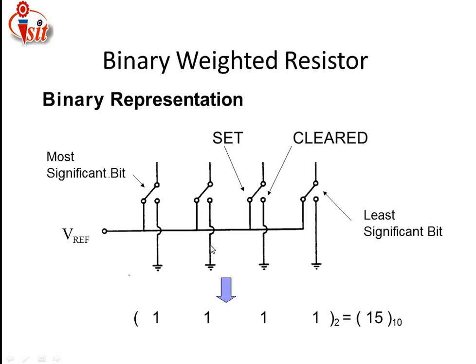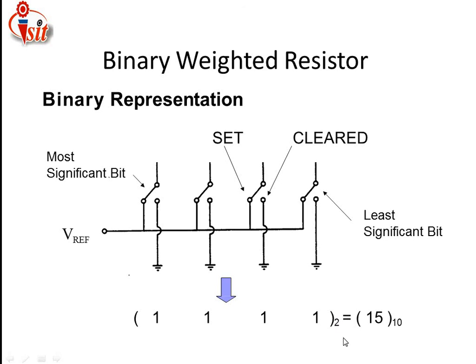So the bits from the most significant bit to the least significant bit are 1, 1, 1 and 1. The input applied here is in the form of a binary number system, and the output is related to that binary number.